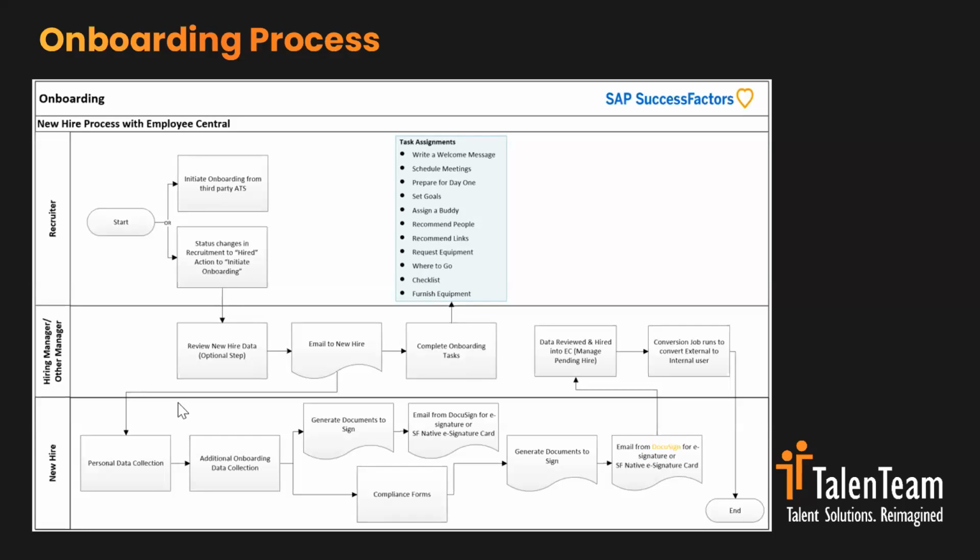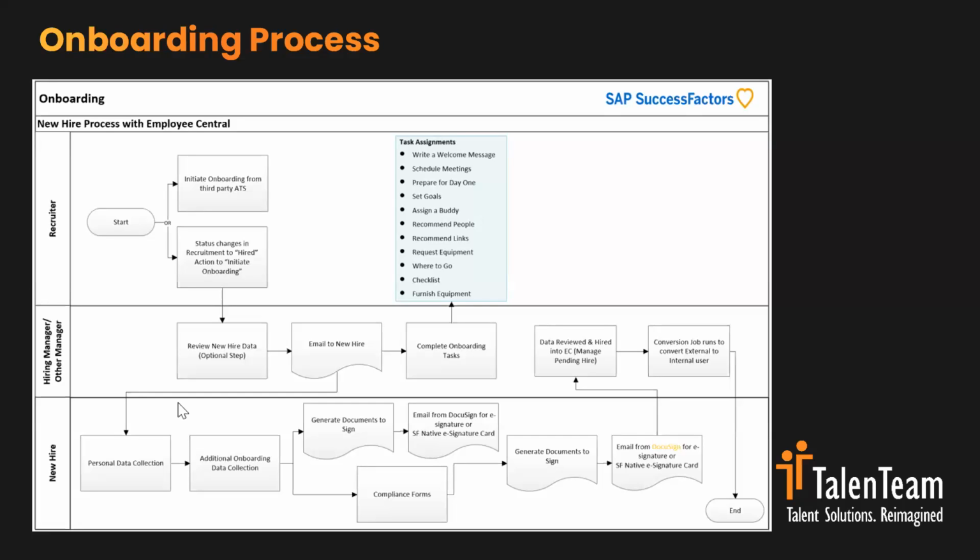As soon as you complete the review new hire data, the tasks will be assigned to the respective person, maybe the hiring manager or the onboarding team: writing a welcome message, scheduling meetings, preparing for day one, setting goals, assigning a buddy, recommending people. These are the different tasks available as part of the standard onboarding offering.